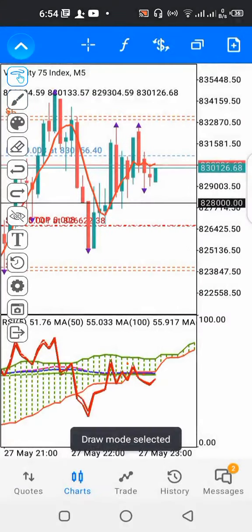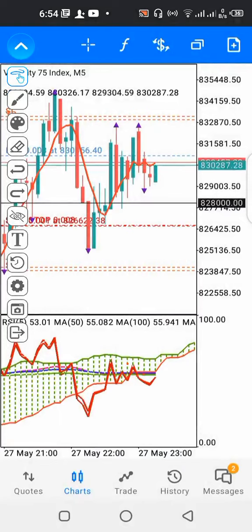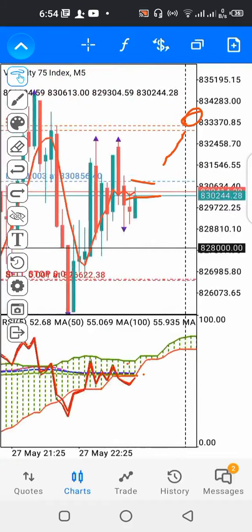Something happened around here. Price broke this low, but price didn't break this low. So if we continue to build up, we might see price triggering my take profit.